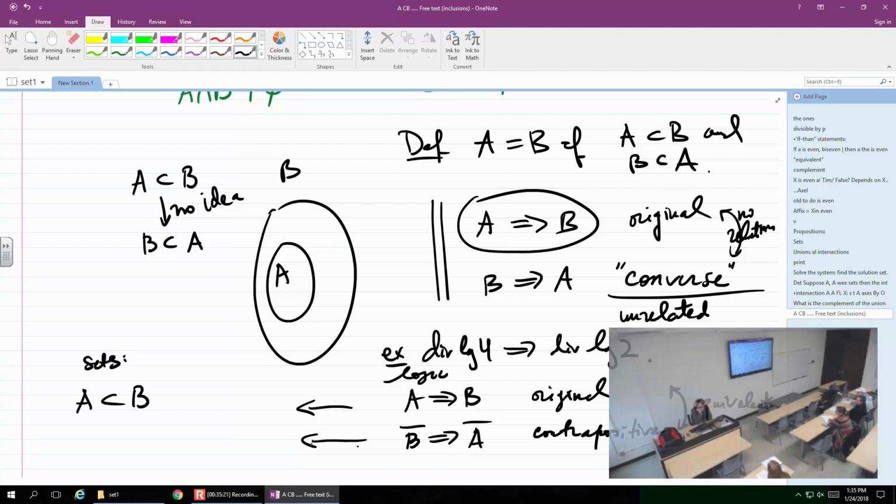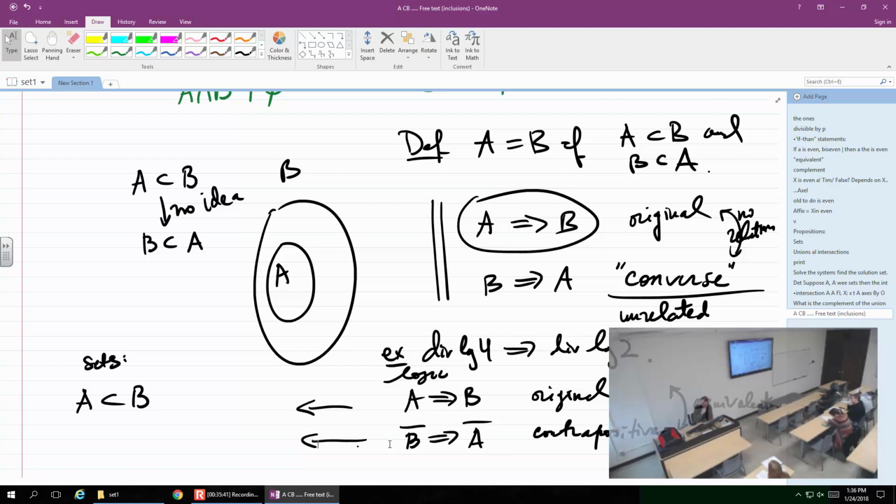Remember the negations. Negation of A and negation of B in the last line correspond to complements, right? We're not trying to negate a statement right now. We're just trying to translate the logical statement into a statement about sets.